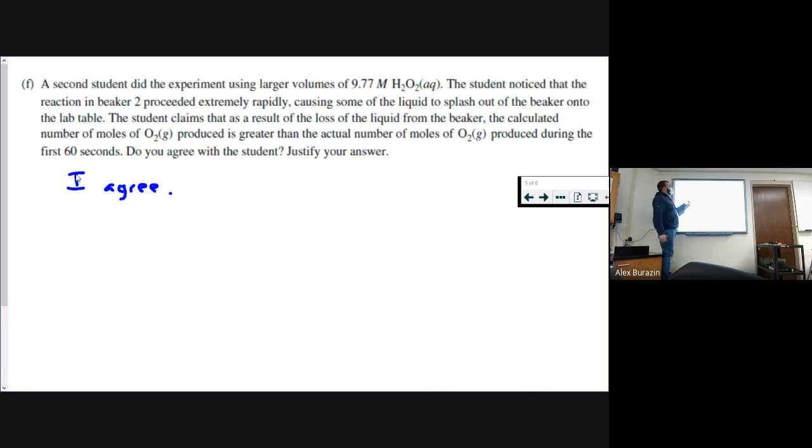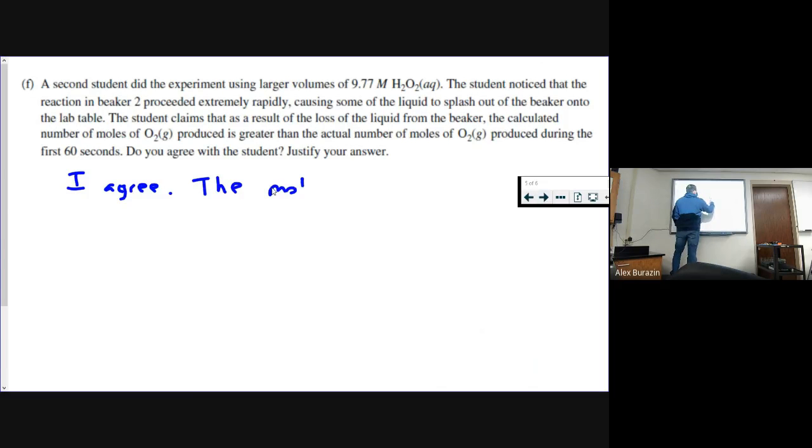Okay, so we agree. Why do we agree with the claim? Can I state one sentence in front of that? Okay, cool. I want to make sure I say phrases correctly.